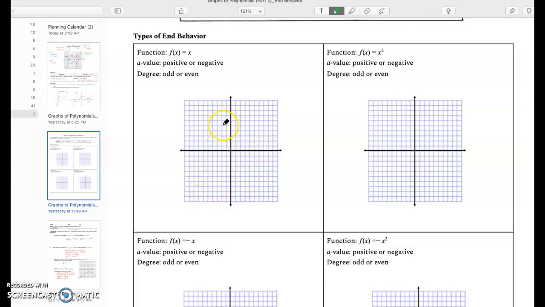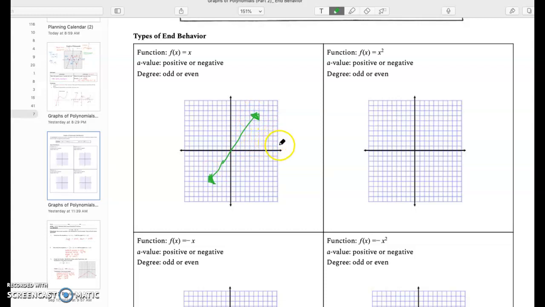So if you remember, our parent function f of x is equal to x is that identity function that has the slope of 1, and it goes right through the center of the graph. And if you look at the ends of the graph, the end behavior is thinking about what these arrows are doing on either side of the graph.